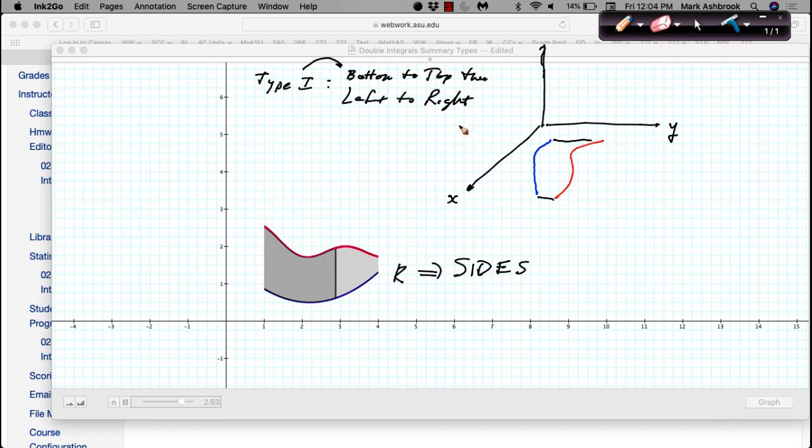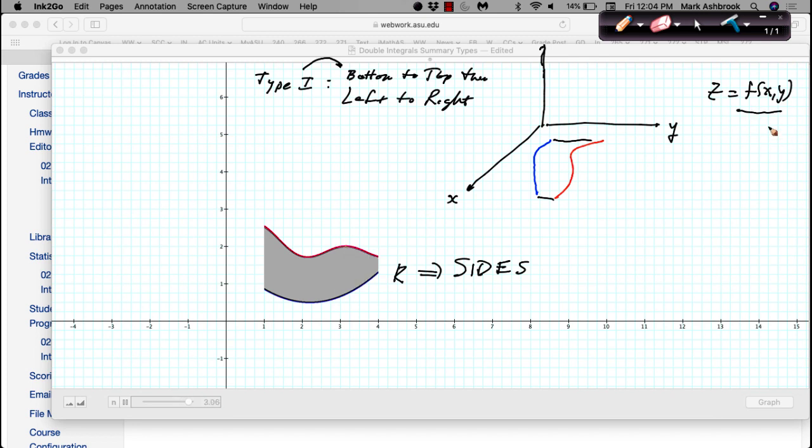Yeah, so the context of this is we have some multivariable function, right? Z is a function of x and y. But I'm not showing that here. This is just the region over which we're going to integrate this function.